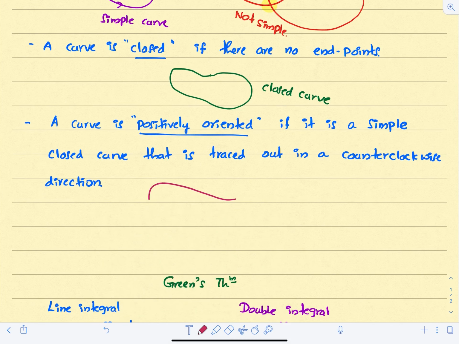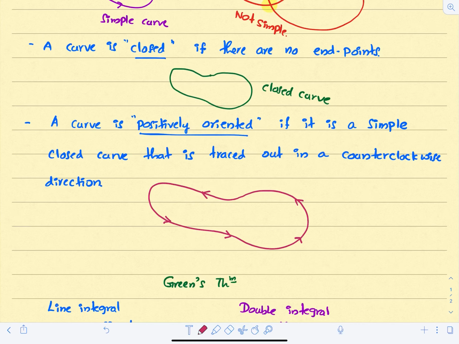a closed curve. As your parameter t increases, let's say your curve is traced out in this counterclockwise direction, then you have a positively oriented curve. Since we are dealing with vector quantities, this direction is very important.